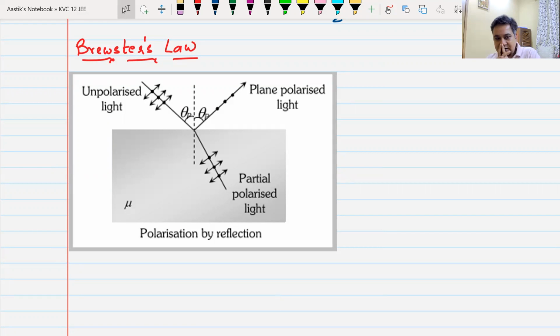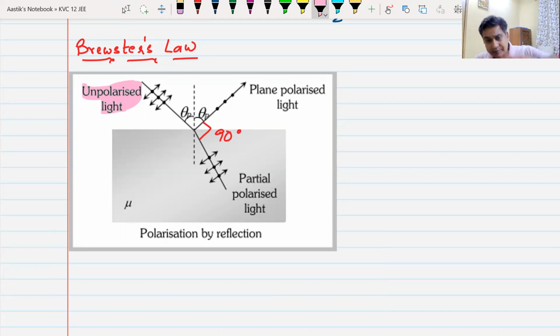Can anyone make me understand what is happening here? Okay, I will tell you, it may not be very clear. Here a light, which is obviously unpolarized, is falling on a transparent medium. Now we have seen reflection, we have seen refraction. But remember, there is never 100% reflection and never 100% refraction.